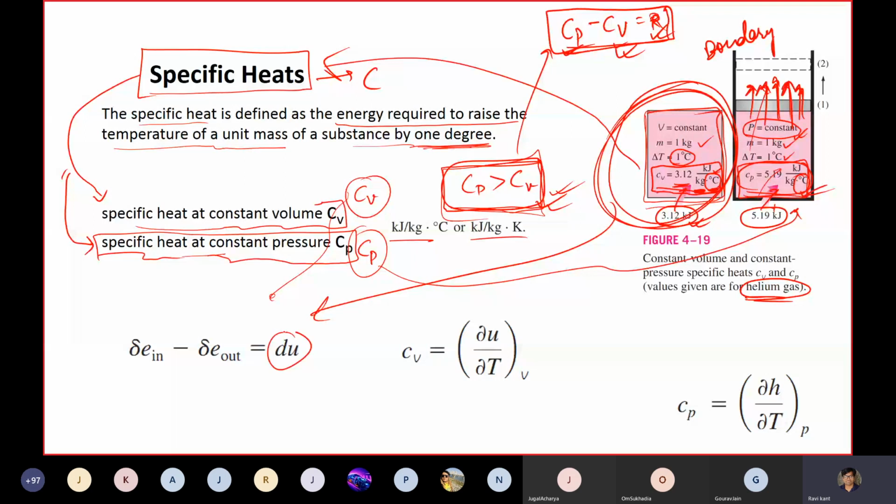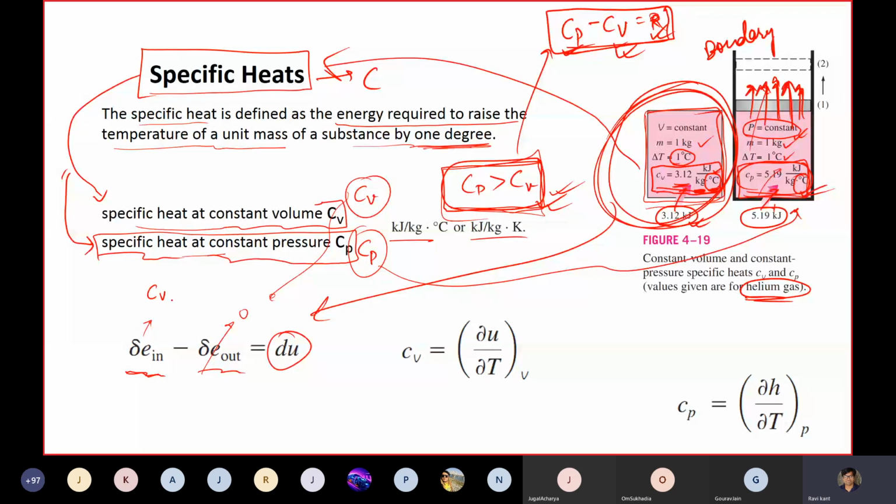The energy going out is 0. The energy input is m times Cv dT.